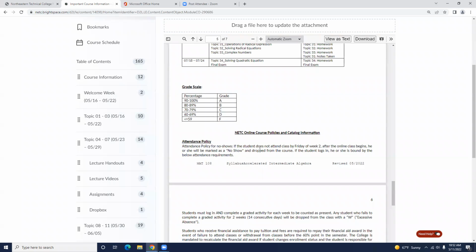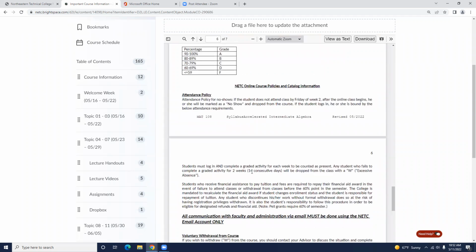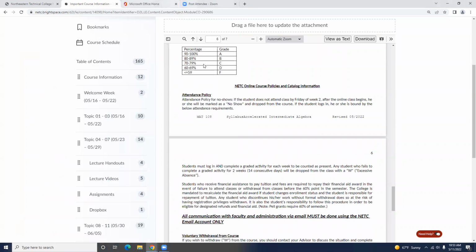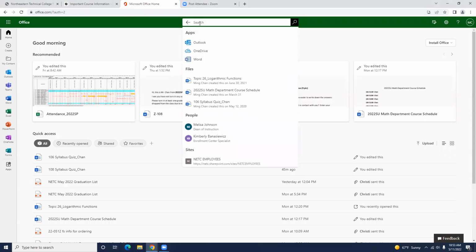If a student does not attend the class, well, this part is actually not correct. Let me fix this part real quick. Sorry about that, I did not mean to put that. Let me show you a little bit better.